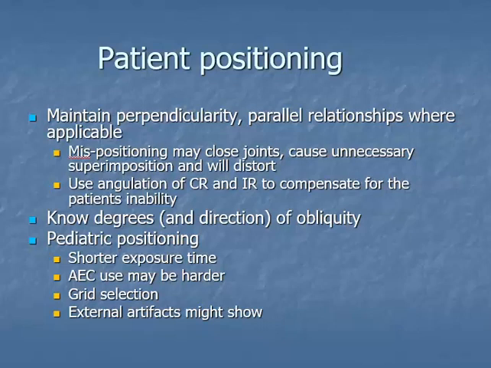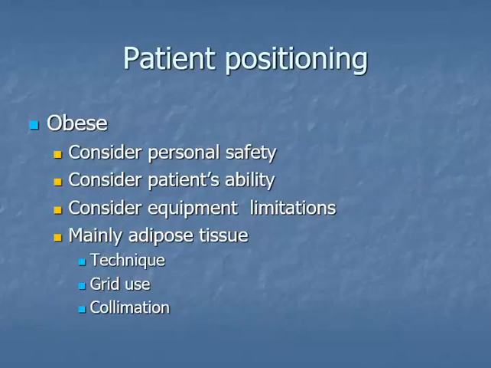So some of your pediatric departments will utilize for grids like a 5-to-1 grid as opposed to an 8-to-1 or a 10-to-1 for adults. And keep in mind how thin they are. In a lot of cases, the likelihood of seeing external artifacts are even greater with pediatric patients and asthenic adults than what they are with most adults.